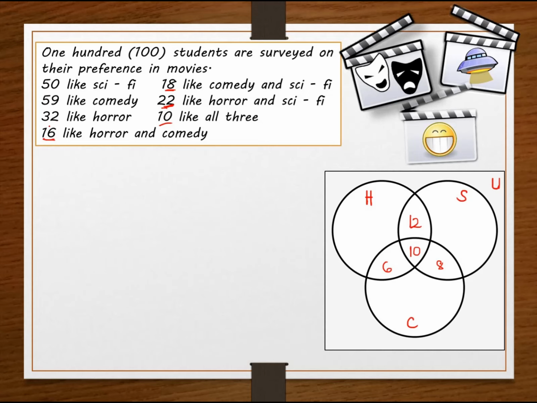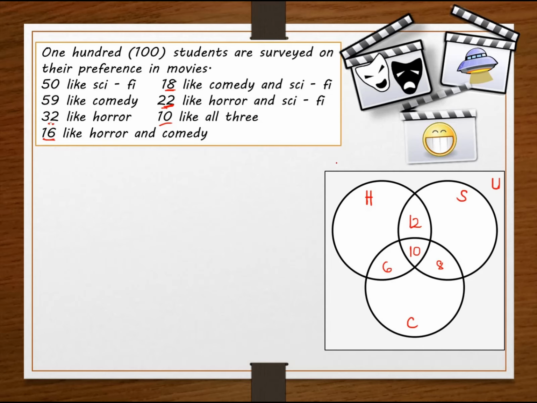Horror says that there are 32 students who like horror movies. So the total of this circle must be 32. We have already 10, 12, and 6, that gives you a total of 28.